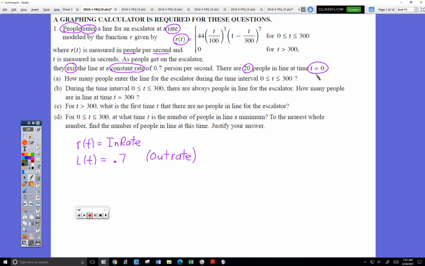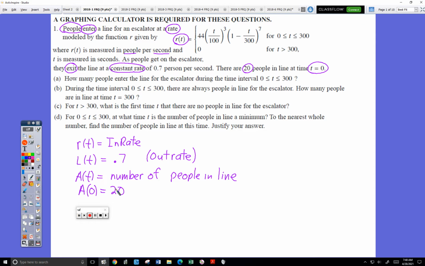So I would write this, A of t is the number of people in line. And now we know that A, the number of people in line when time is equal to 0, that's equal to 20.